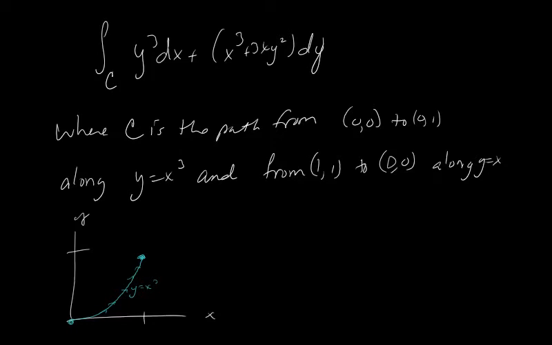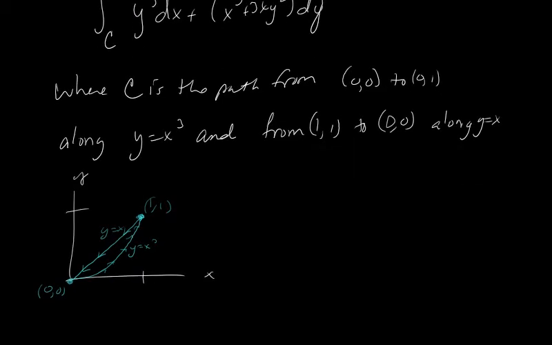Then we come right back down the line y equal to x to get back to 0. So we are going in a counterclockwise motion around this curve. The curve is piecewise smooth, and our region R is simply connected.